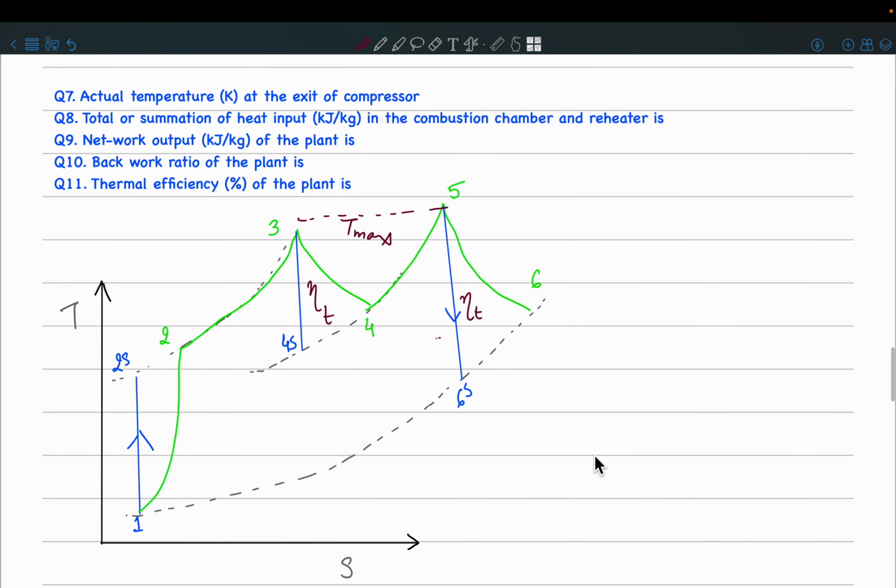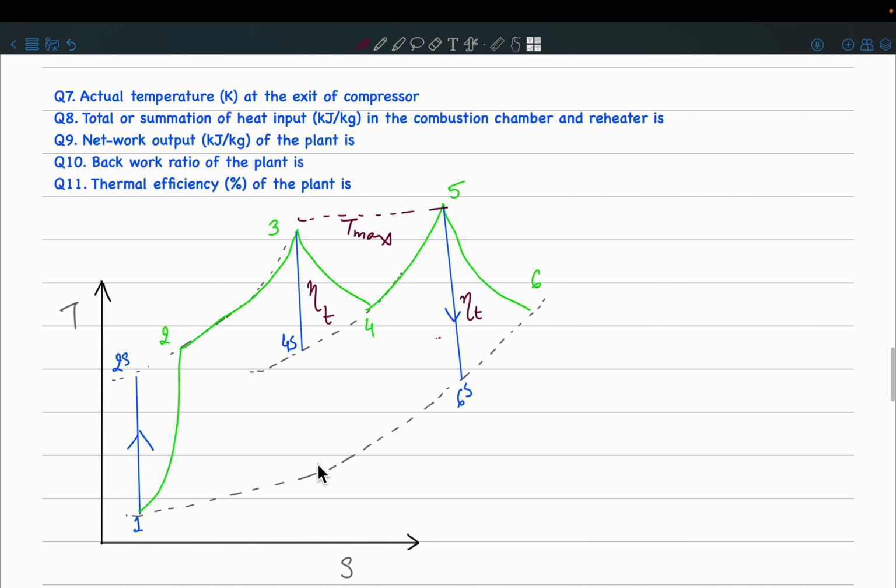Okay, otherwise the entire process is clear, right? What we are doing over here. Okay, so let us start solving this particular question.